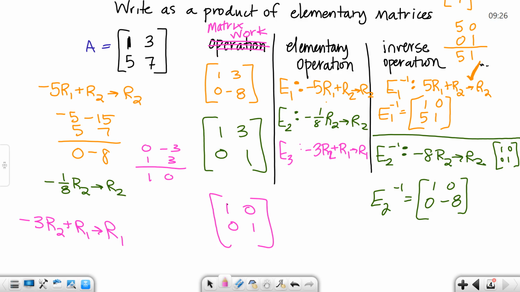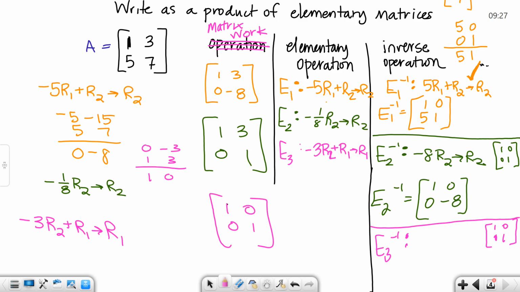All right, so the inverse here, we start anew. I'm going to be building off of the identity, not building off the green, but building off the identity. My current pink operation is negative 3 row 2 plus row 1.